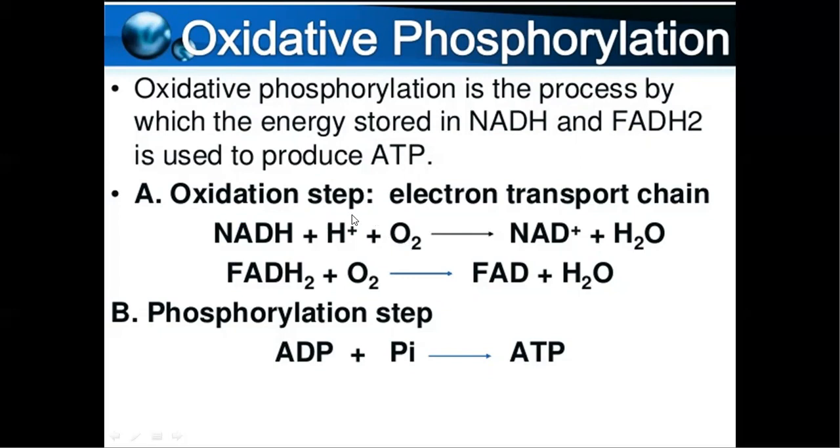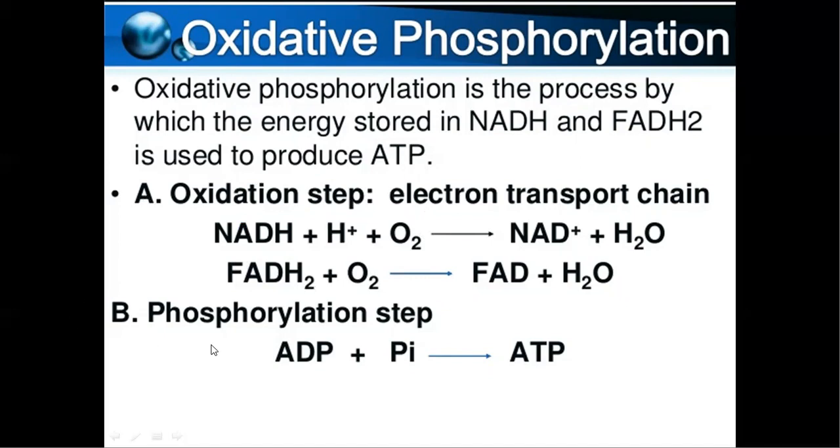Protons are produced by NADH and FADH2, and oxygen, which is available in the matrix, reacts with these hydrogens forming water. This is called the oxidation step. So oxidation occurs at complex 4 of the electron transport chain.